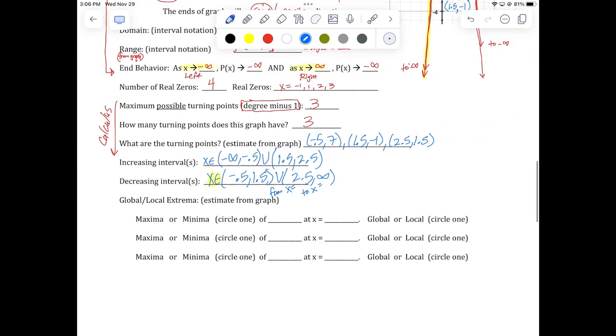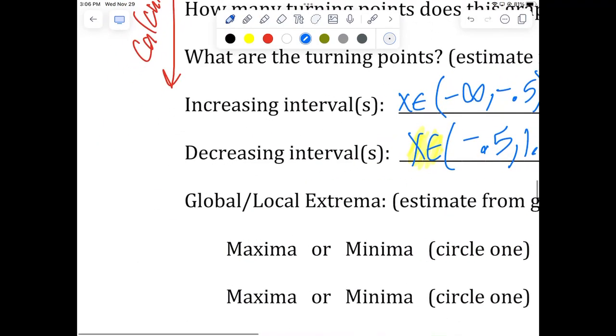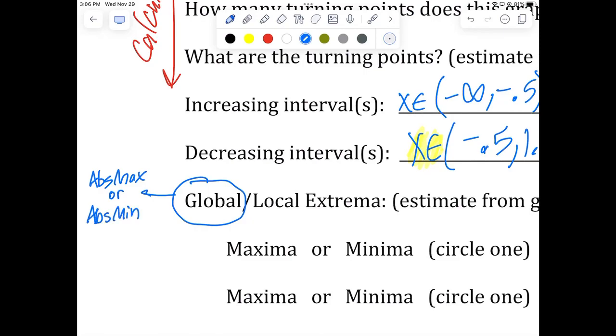All right. Now, for the global and local extrema, let's just look at this real carefully here. The global extrema, this is going to be the absolute max or the absolute min. There can be only one or none. One or none of each. It's like having in Texas, the governor is the absolute maximum.